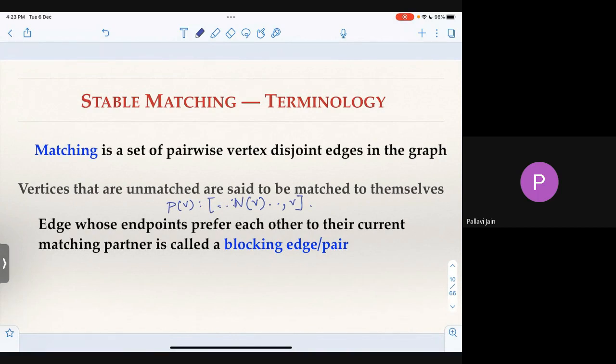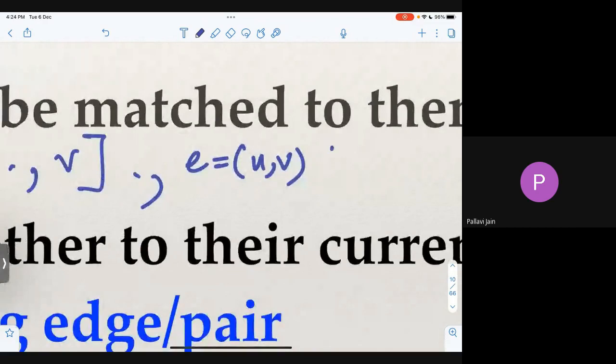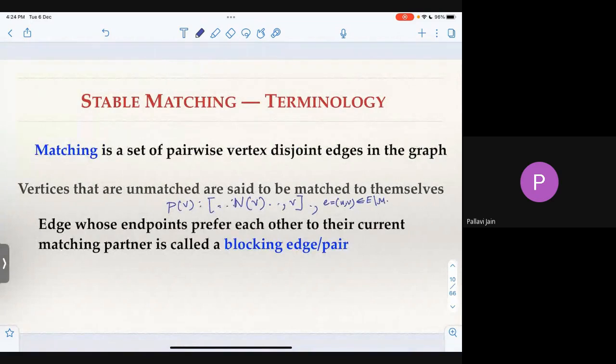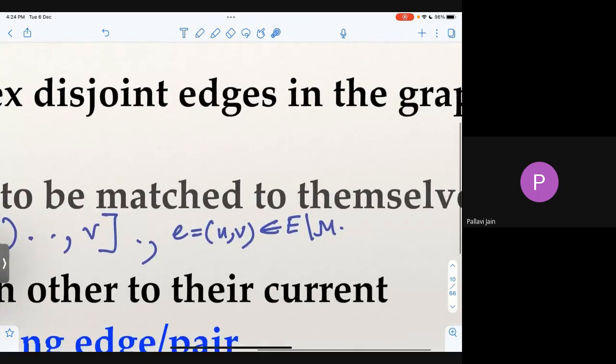And a blocking edge is an edge which is not part of the matching, okay? So it's always defined with respect to a given matching. For a matching, we say this edge is a blocking edge or not. An edge which is not in the matching is a blocking edge if the two endpoints, in this case U and V, each prefer each other, meaning U ranks V higher than whatever its current matching status is, and the same for V as well.